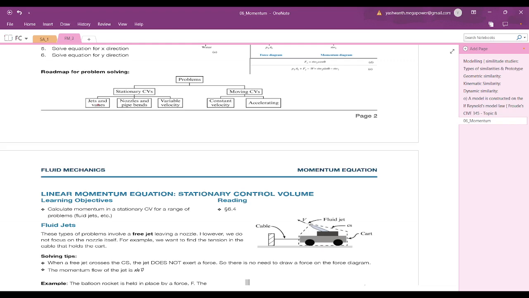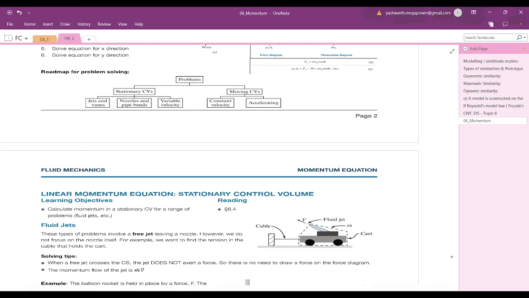So please remember these practical scenarios where we can make use of the momentum equation. Basically, the momentum equation will solve two kinds of problem: one related to the stationary control volume and another related to the moving control volume. Examples are also written clearly, right?